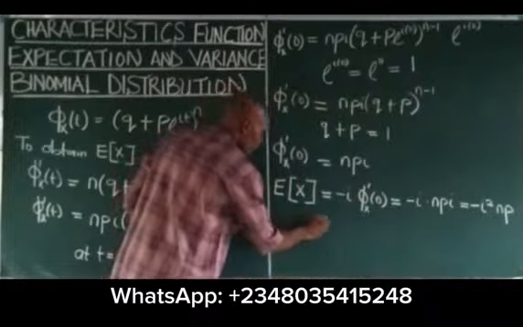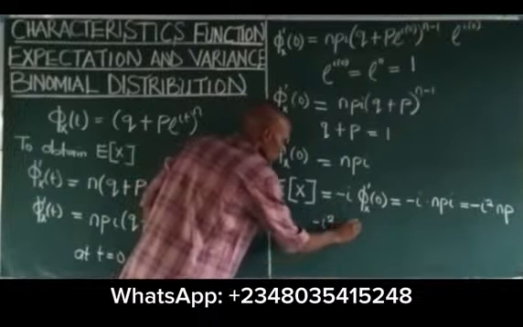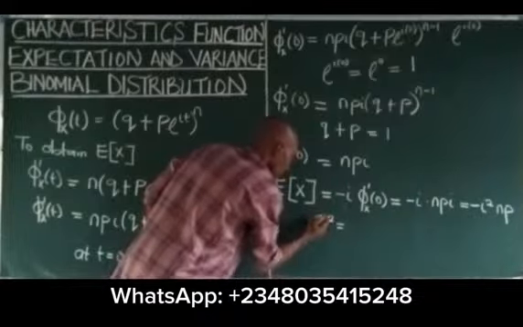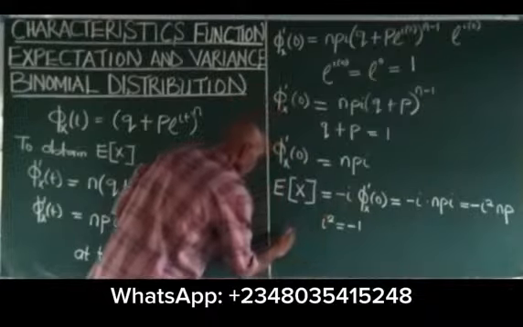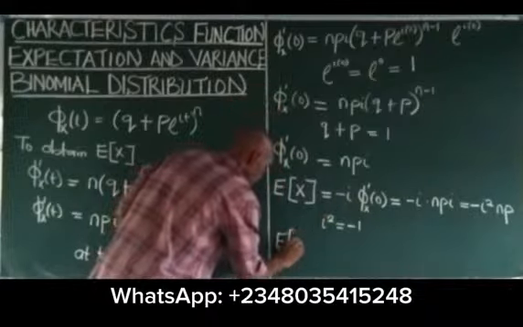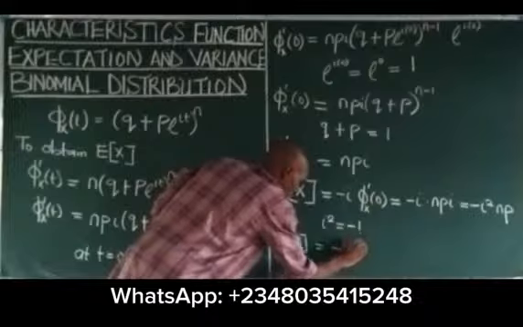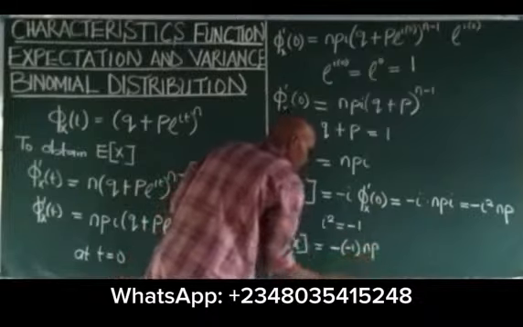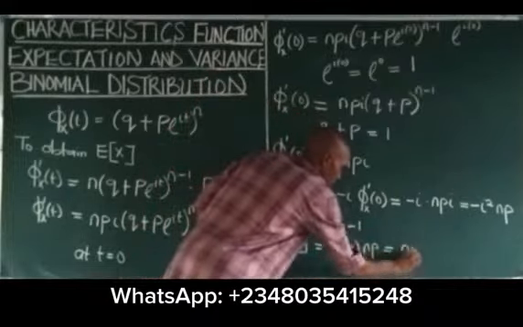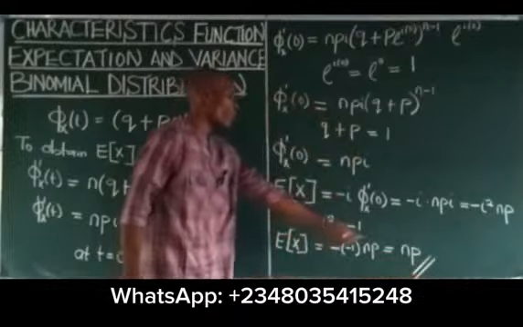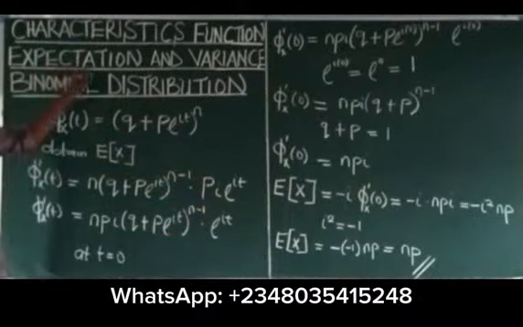Of course, we know that i squared is equal to negative 1. So we have that our expected value of X is equal to negative minus 1 multiplied by np. So it then means that our expected value of X is equal to np. We also need this when we are calculating the variance. So we have succeeded in obtaining the expectation of X.